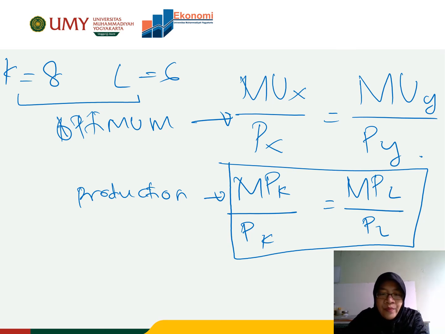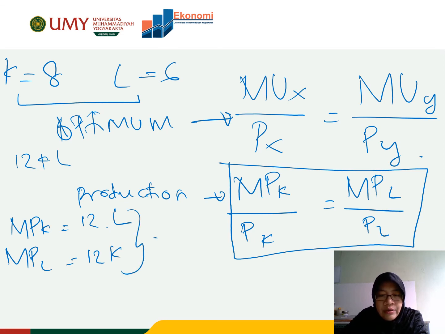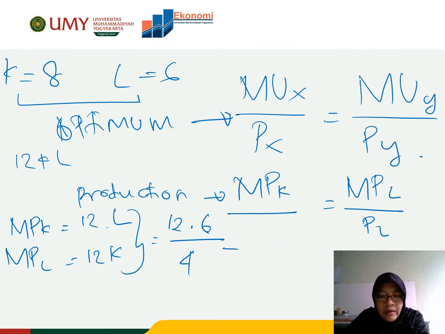If this criteria is correct, it means that you have the correct K and L. So we already have the MPK, which is 12L, and MPL is 12K. So we can understand 12 multiplied by 6 divided by PK, how much is PK? 4. Is it equal with 12 multiplied by 8?